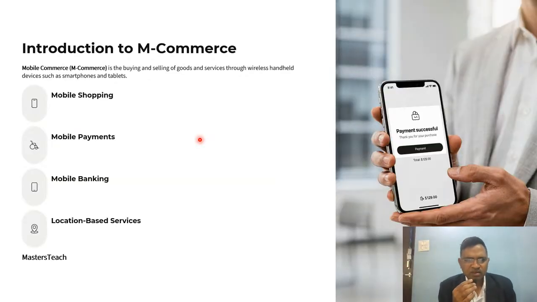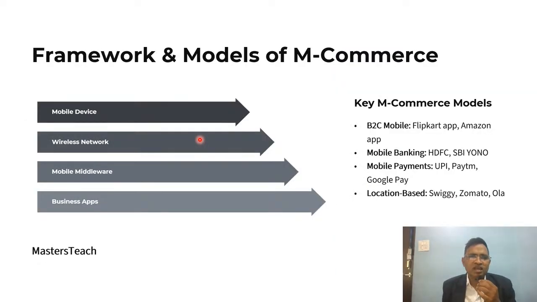Introduction to m-commerce. M-commerce means mobile commerce, using mobile shopping, mobile payment, mobile banking, and location based services. For mobile devices you need a wireless network, mobile software and business apps.